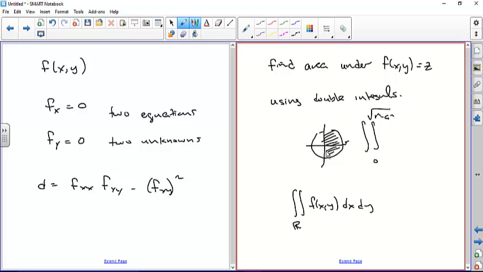Now if I went down to here, then I'd have the minus. And my x limits here would be from 0 to r. If I went, say, here, I'd go from minus r to plus r.